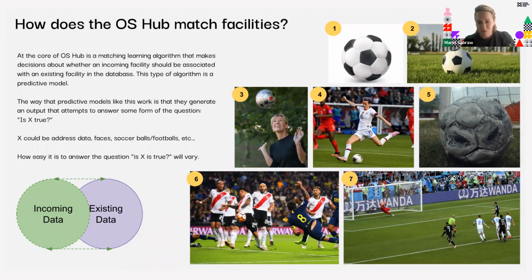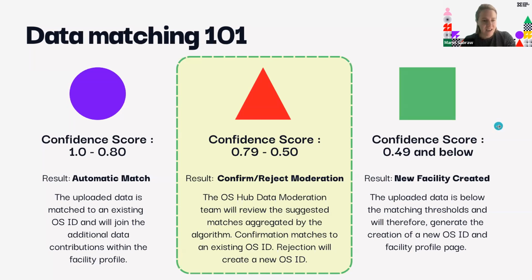That brings me to confirm and reject, and the more concrete details around how match decisions are made. On the next slide, these three categories correspond to those three outcomes that I talked about in my first slide. The system will assign a confidence score to each facility match coming into the system.